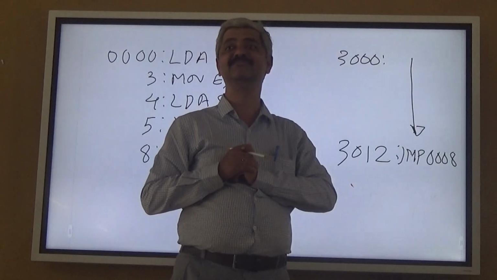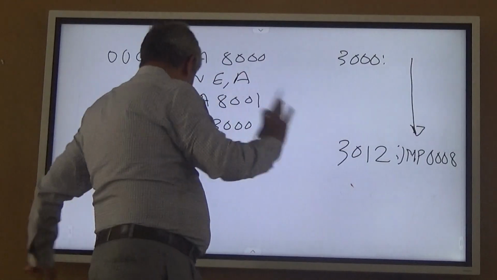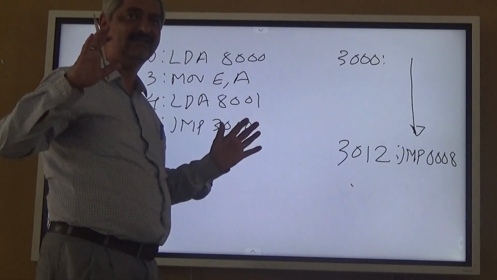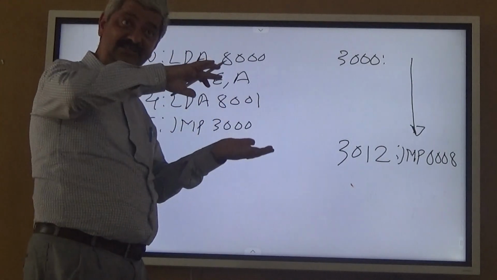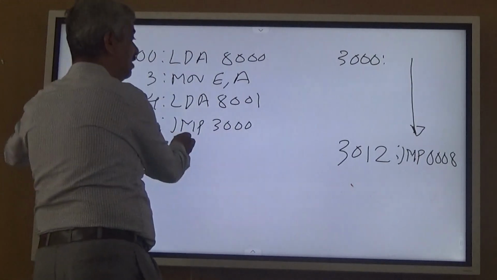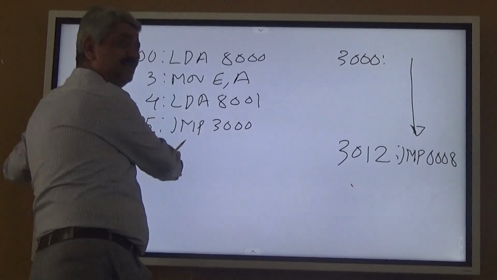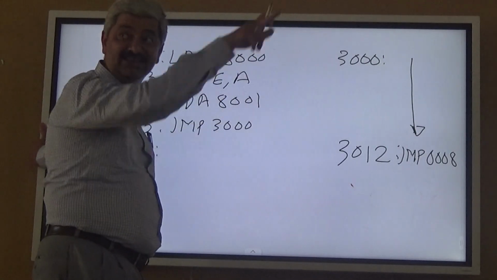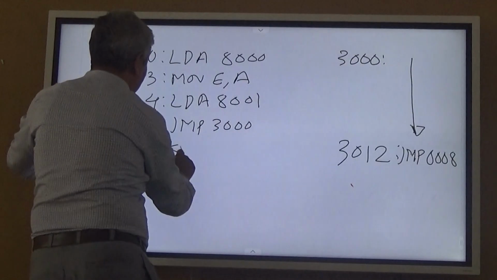What is the problem? We will not say it in a negative way. We proceed, and we say a problem is there and the problem comes. So next what? It comes here, let us say. The result is in HL, where I have to store that, at 9000. So SHLD.